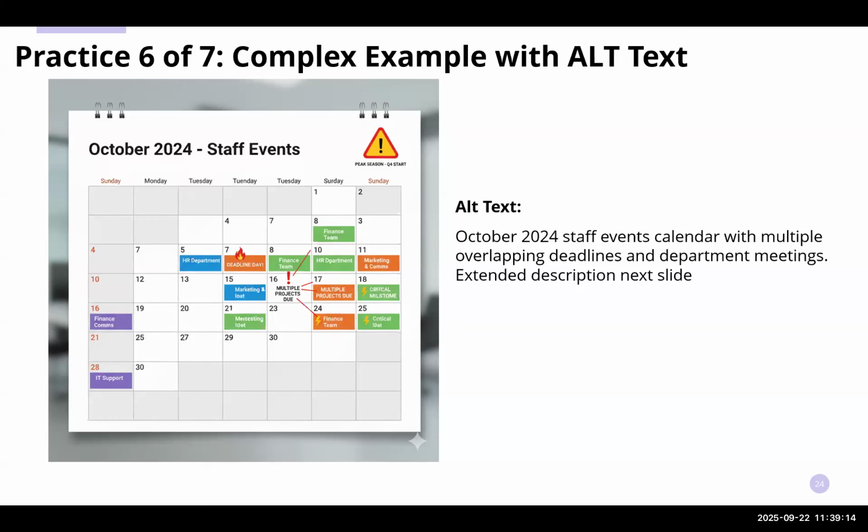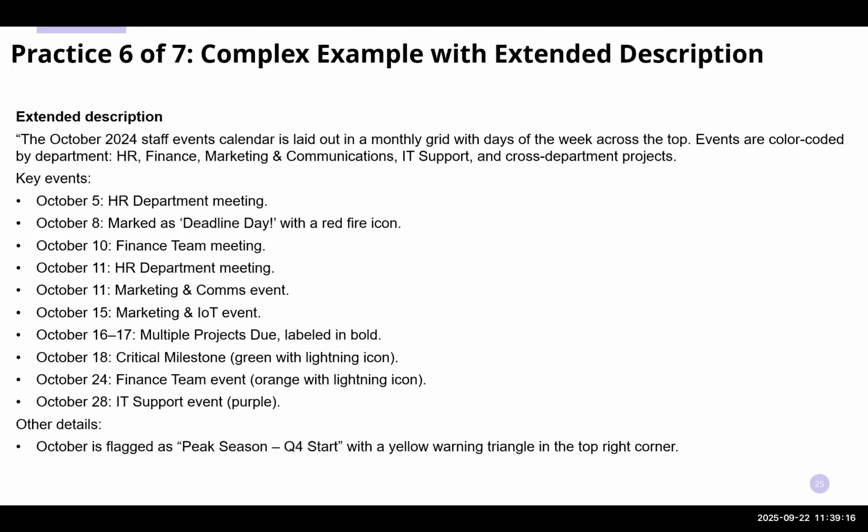Next slide, please. As you can see on your screen, the description is quite detailed. Since the image uses both icons and color coding to convey meaning, we provide an extended description to ensure that all users have equal access to the information. So why does this extended description matter here?